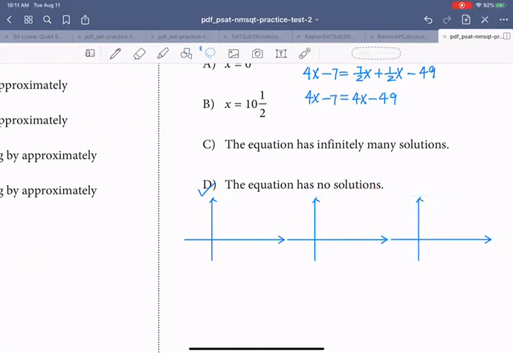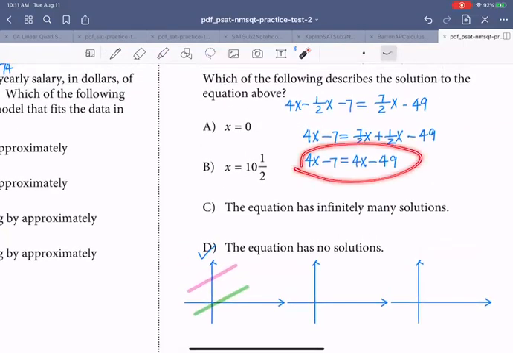When you have 2 lines, if the 2 lines are parallel, they have the same slope, but different y-intercept. They will never meet. This is this situation, okay? They have the same slope, but different y-intercept. They are parallel lines, so there's no solution.